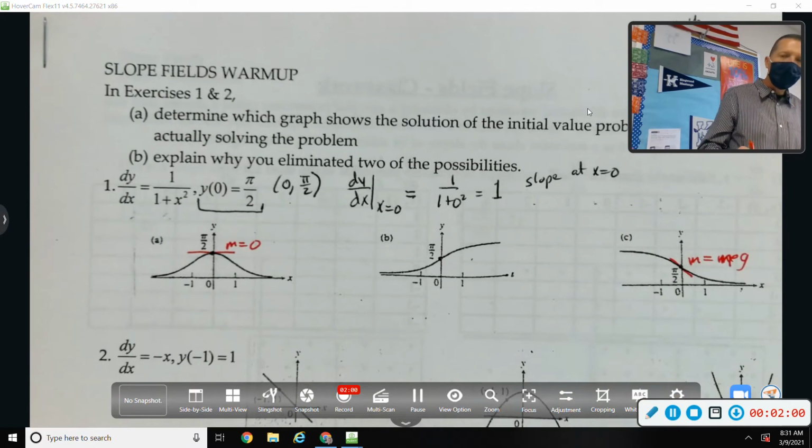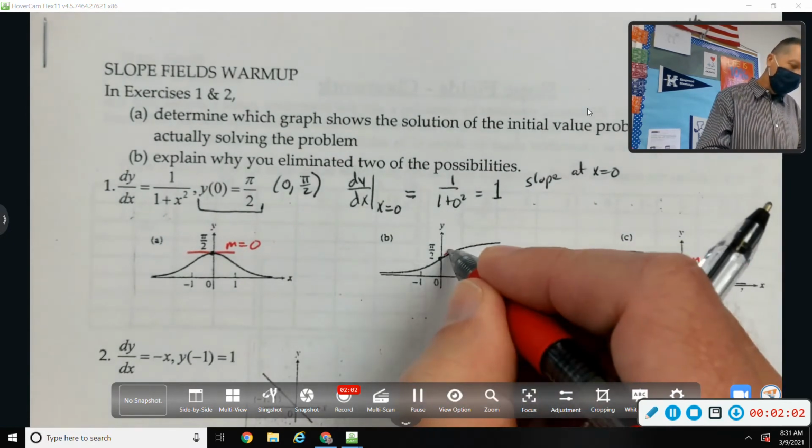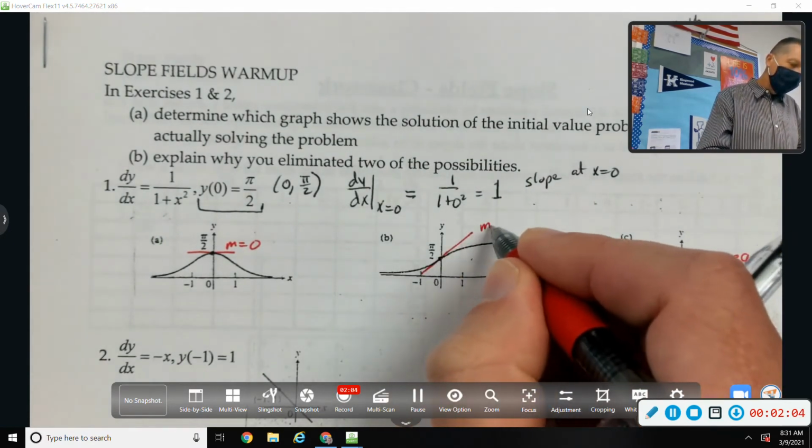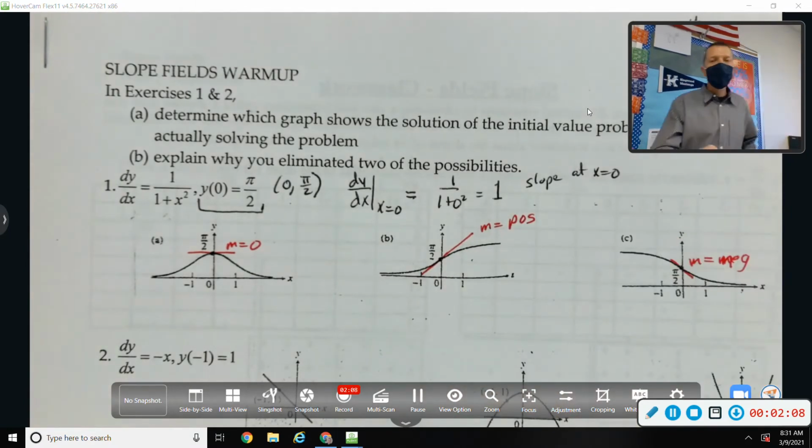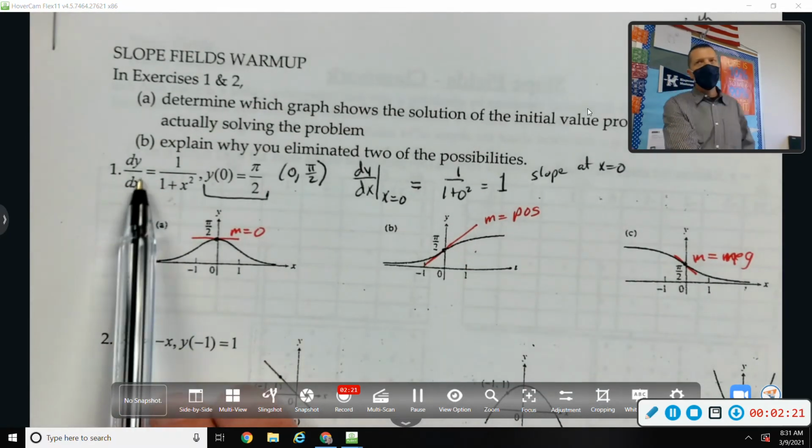So those can't be it. This one has a slope of 1, or at least it's positive, and it's the only one that's positive, so we'll assume that it's 1. It can't be A or C, so it's got to be B. So we used a picture to answer the question without really solving this differential equation.